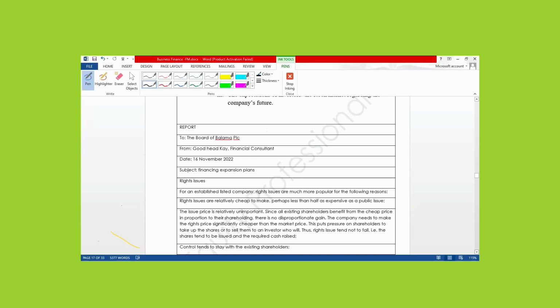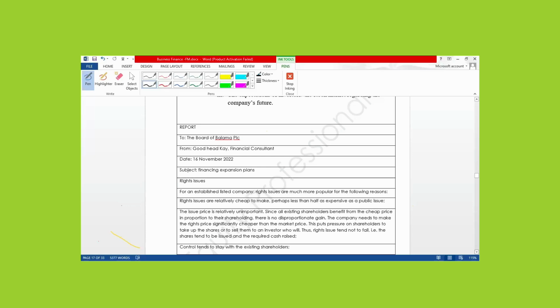Remember, Balama is a public company. That means say Balama PSC. For an established listed company like Balama PSC, rights issues are much more popular for the following reasons.